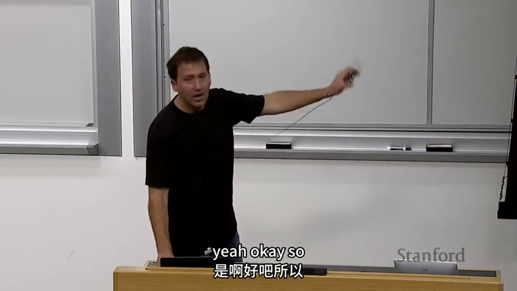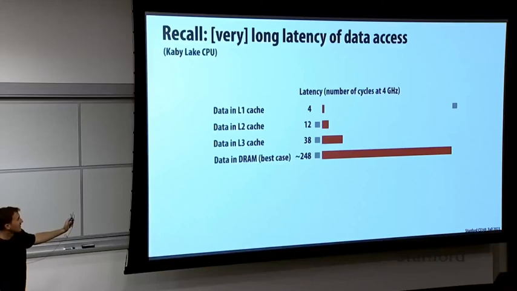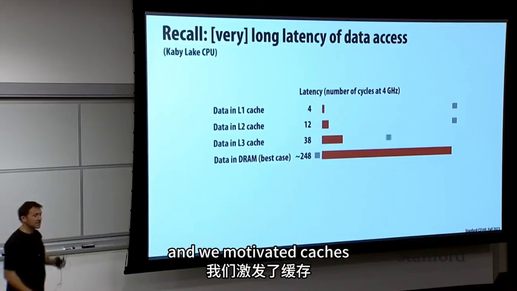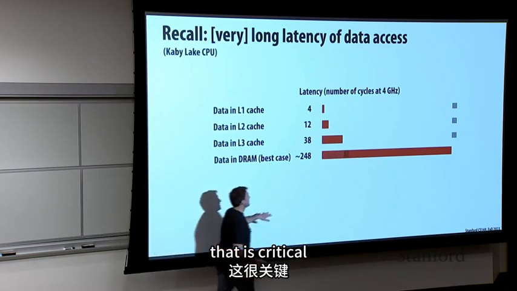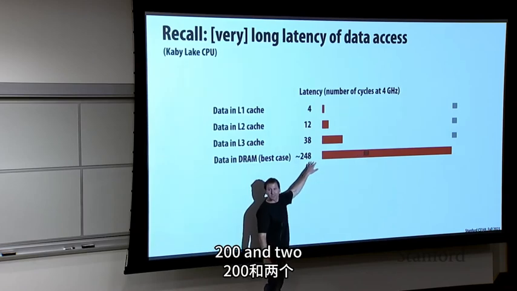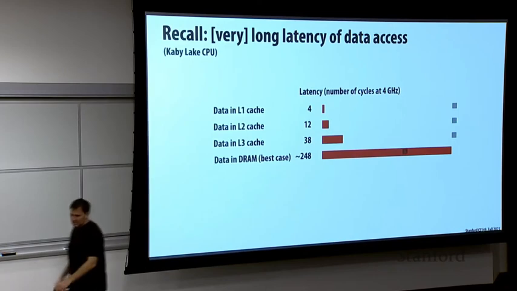Yep. Okay. So I've kind of beaten in early in the lecture about the effects of latency, right? And we motivated caches as being this thing in a processor that is critical to not running at 250th of peak performance waiting on these things.